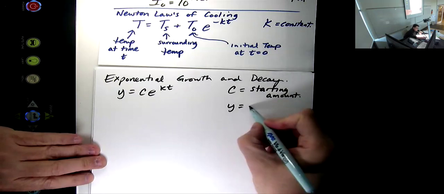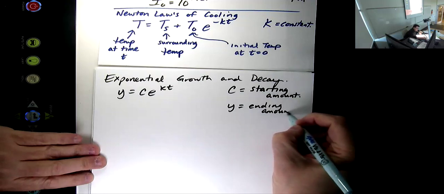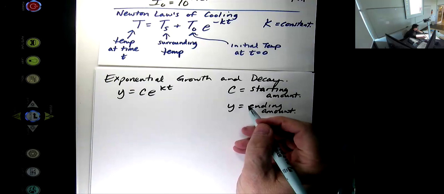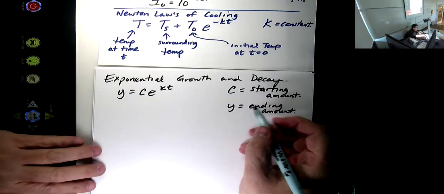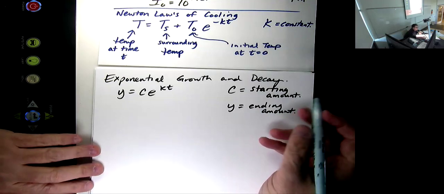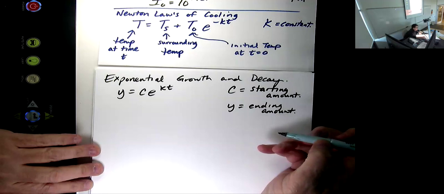Y is ending amount. This is for radioactive decay, or population growth is another. We'll do a radioactive decay and a population growth one.